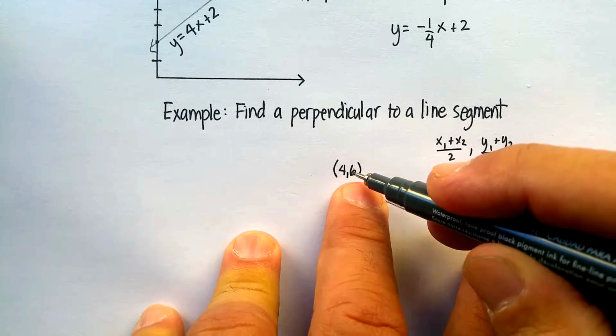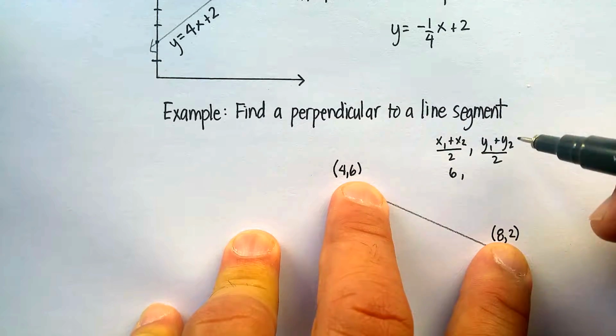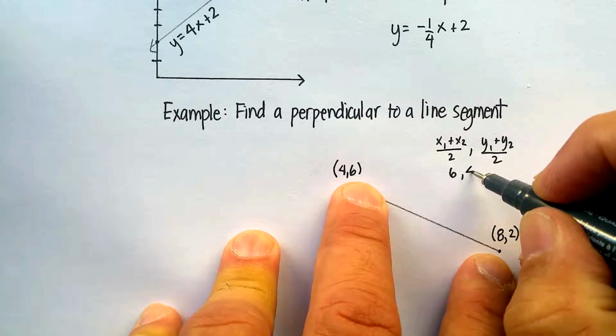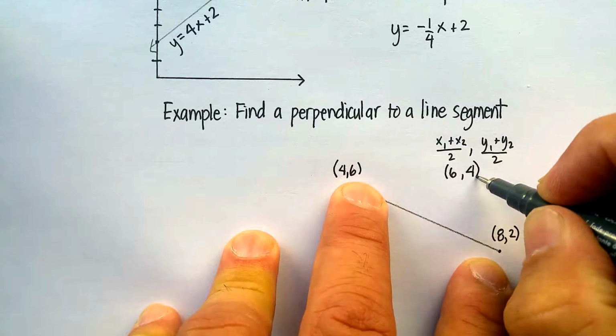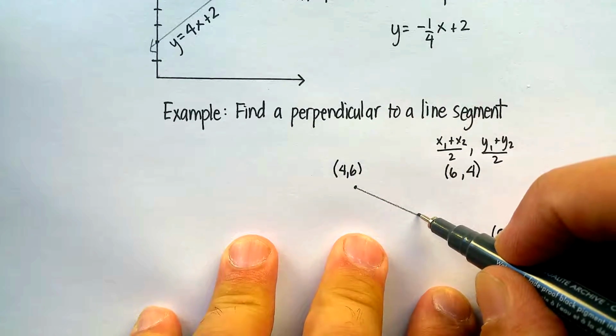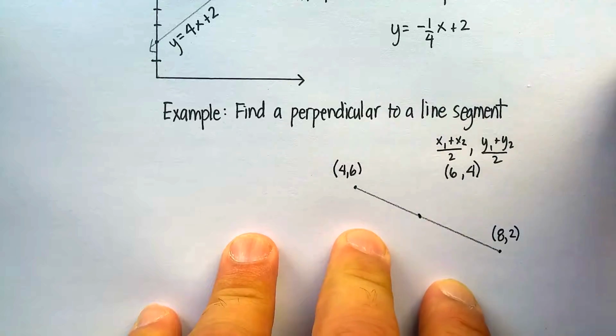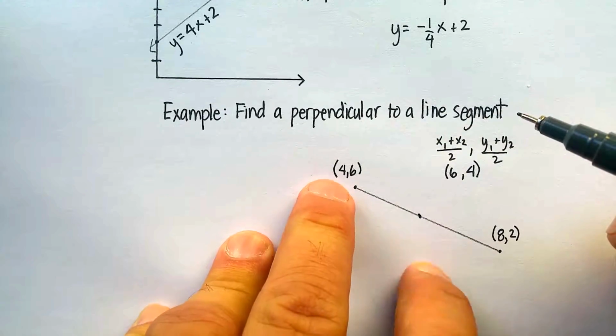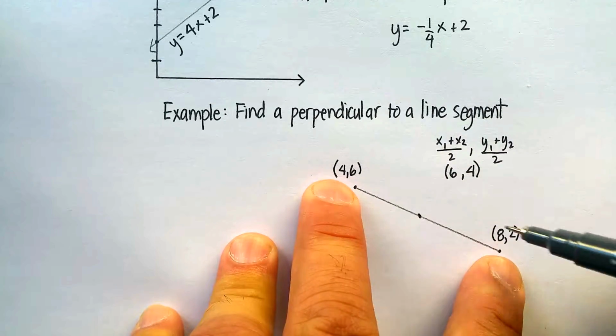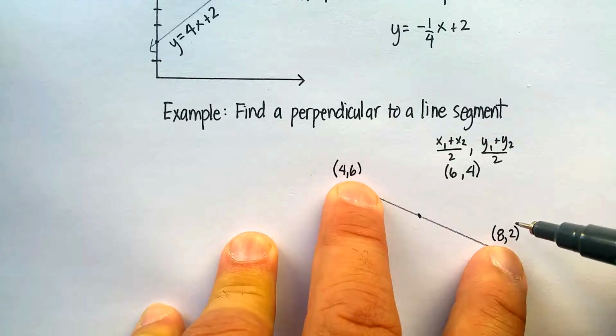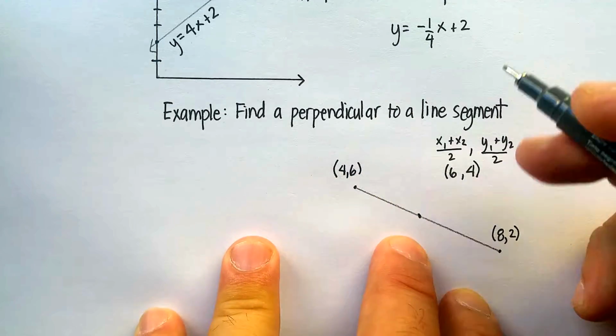Add the two y's, 6 and 2 is 8. Divided by 2 is 4. So the midpoint here would be (6, 4). And again, that kind of makes a little bit of sense, right? Because halfway between 4 and 8 is 6. Halfway between 6 and 2 is 4. So (6, 4) is the midpoint.